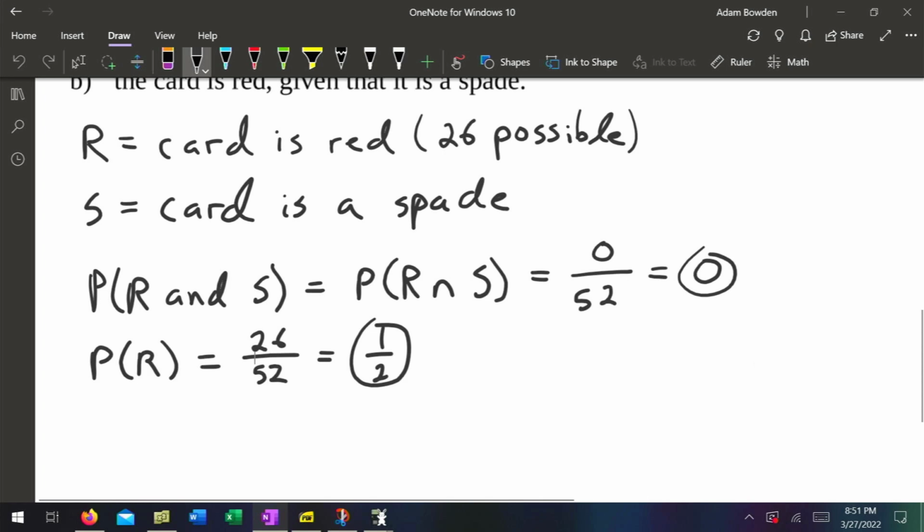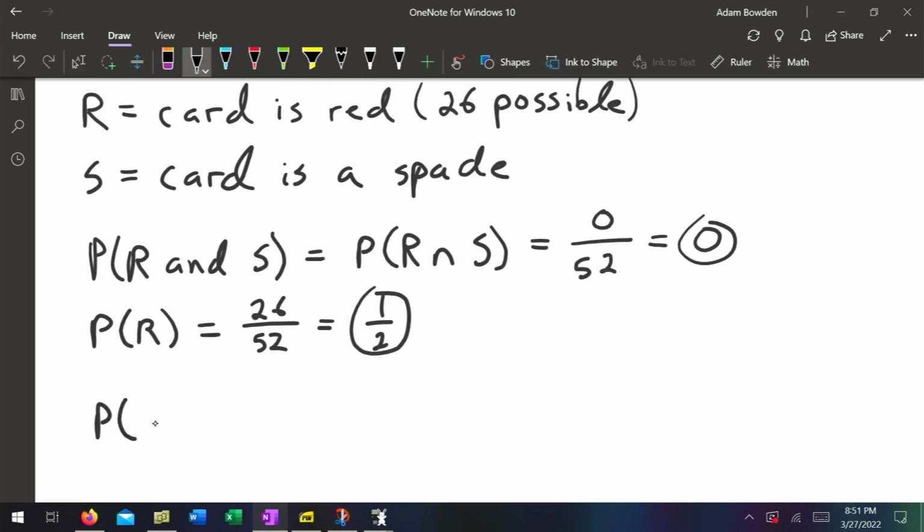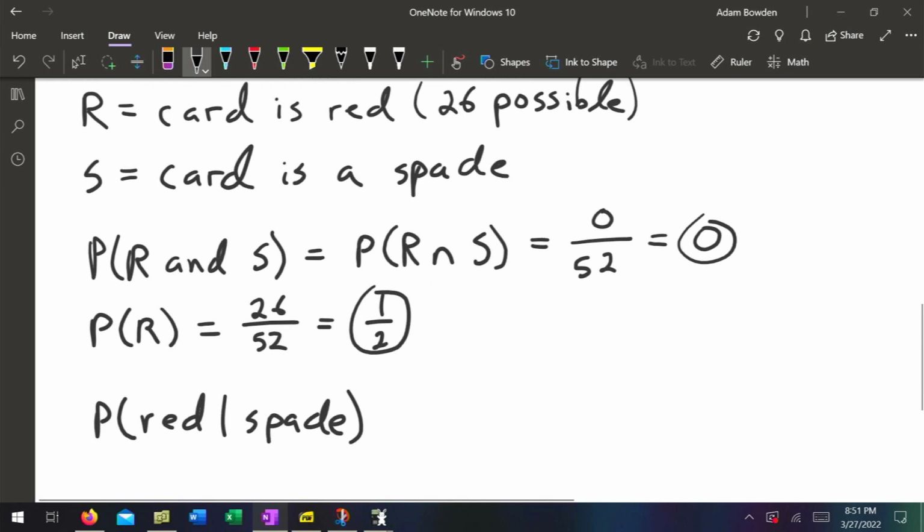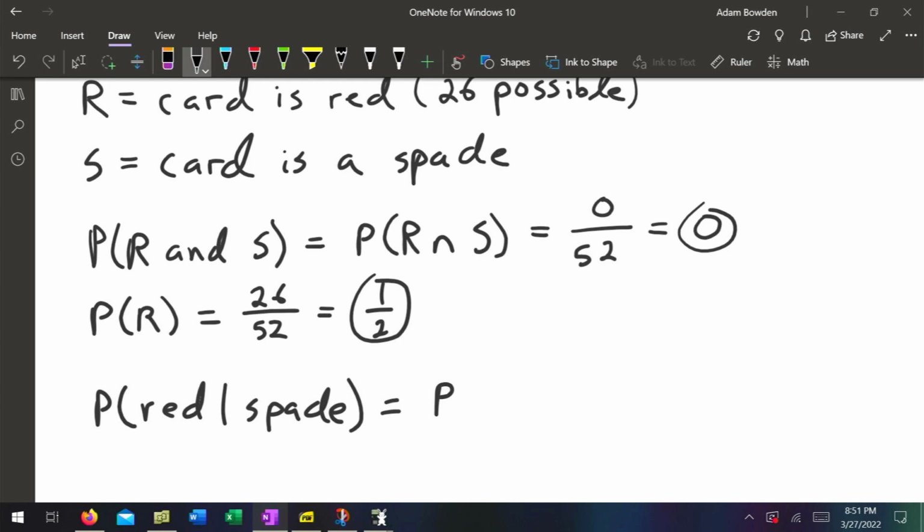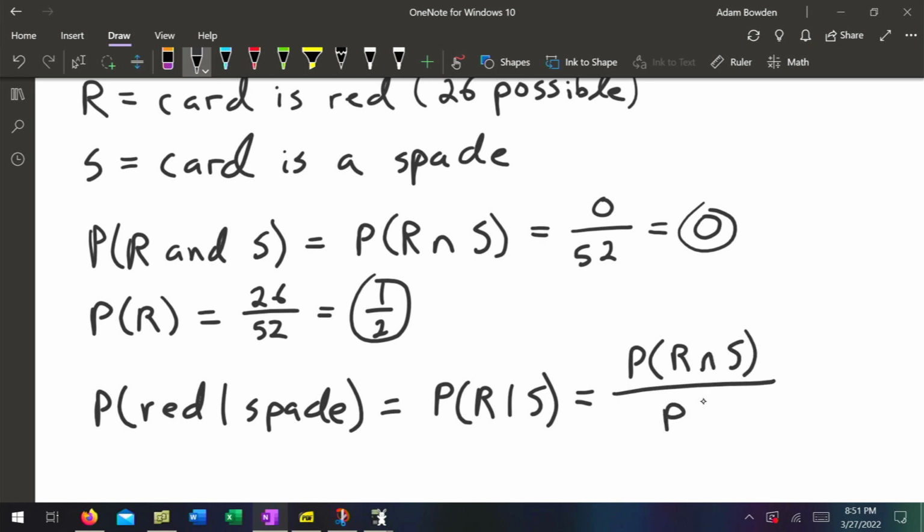So what that means is the probability of a red card, given that it's a spade, the probability of R given S, by the formula is equal to the probability of R intersect S divided by the probability of R, which we just said the probability of the intersection is 0, divided by the probability of R, which is 1/2.